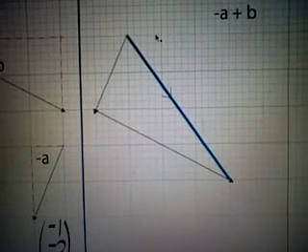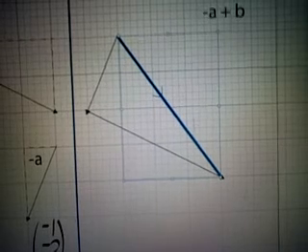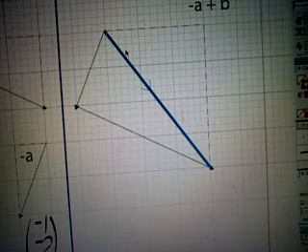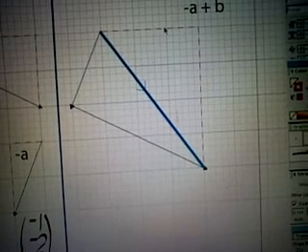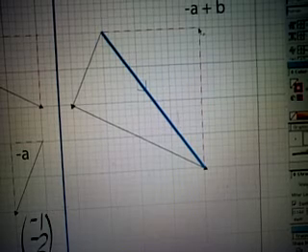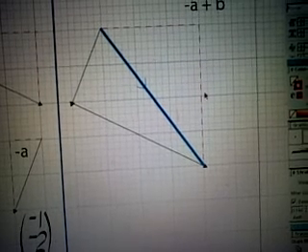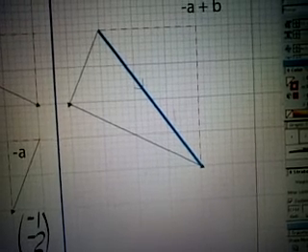Could we represent negative A plus B in a column format? Yes, we can. Negative A plus B started at this point and moved 1, 2, 3 places to the right, and then 1, 2, 3, 4 places downward.